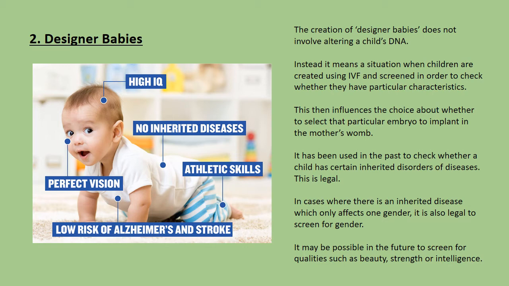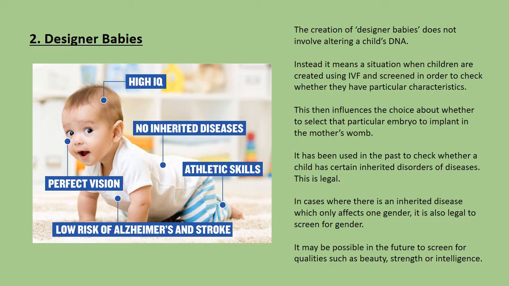So you could screen for beauty, strength, intelligence. This seems to raise more ethical problems, right? Because, yes, there are certain inherited diseases that people wouldn't want to have, but if we start to say, well, we want a child with a certain coloured hair or a certain IQ or something like this, do we risk the situation in which we are valuing certain characteristics over others and saying to certain people that they are not as worthy as other people because of their genetics?